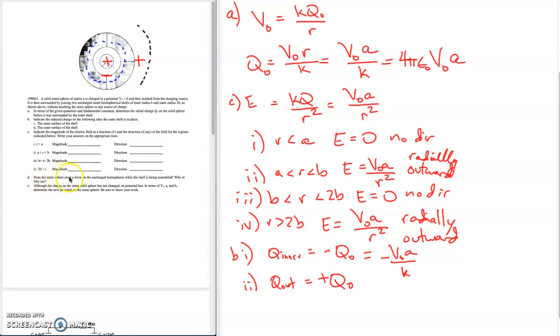Does the inner sphere exert a force on the uncharged hemispheres while the shell is being assembled? Well, yes. If you notice this bar here and that bar here, that's to indicate that we have a hemisphere here and we have a hemisphere there. And initially, we have no charge on either hemisphere.